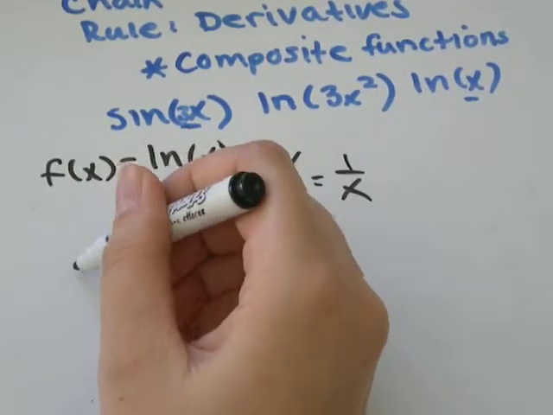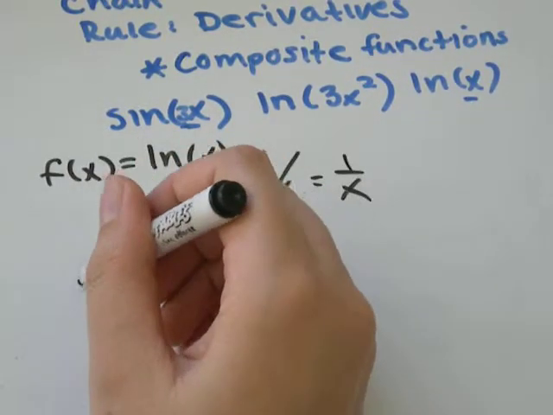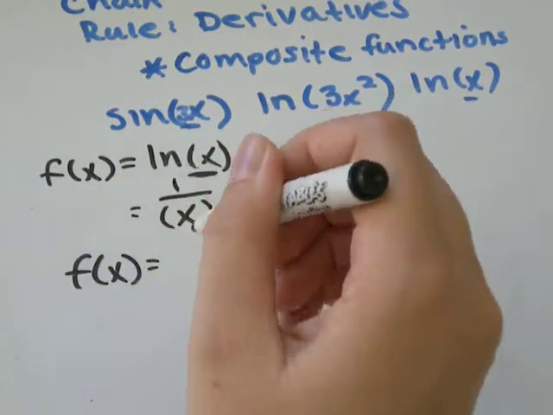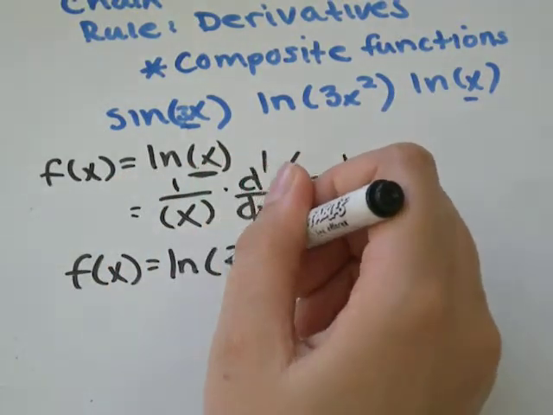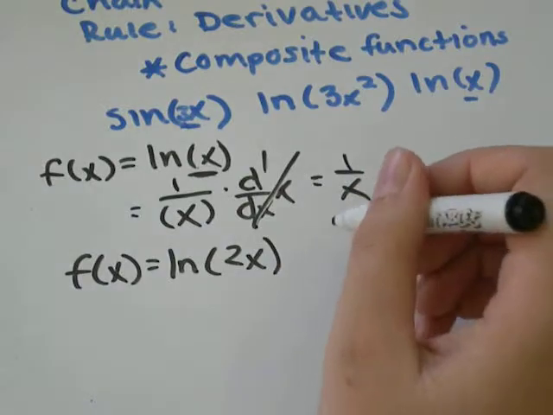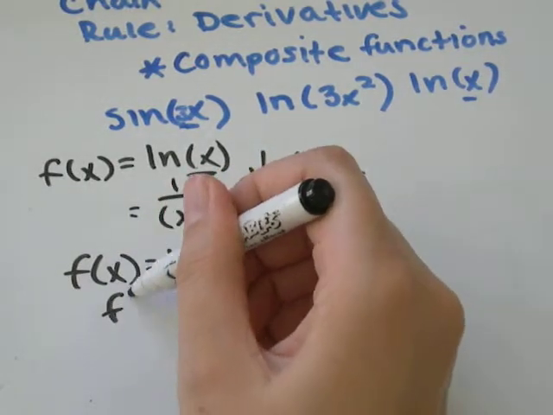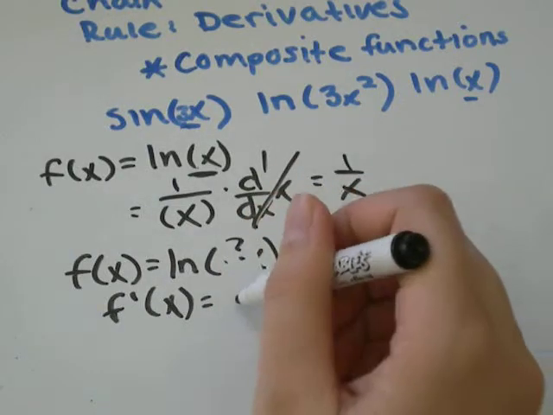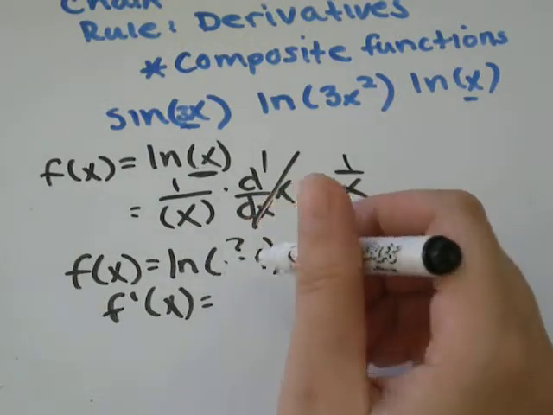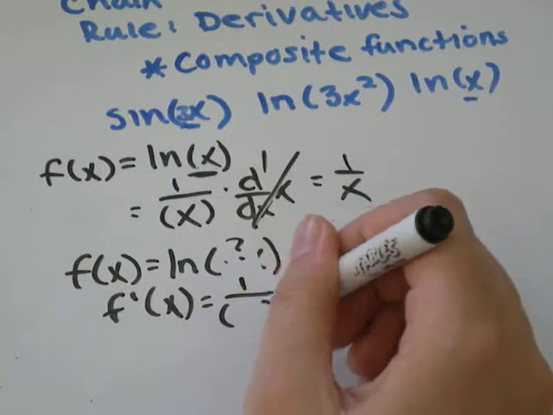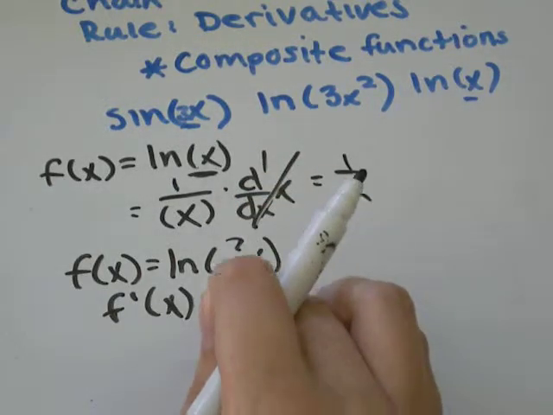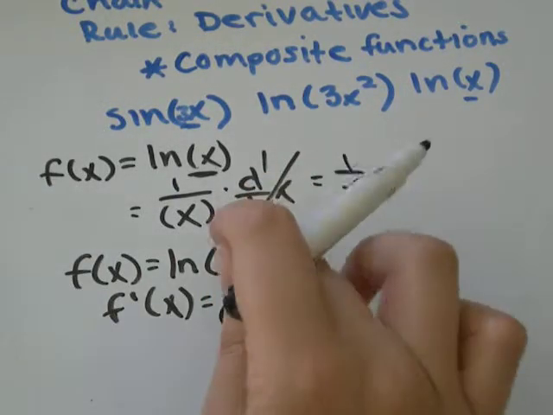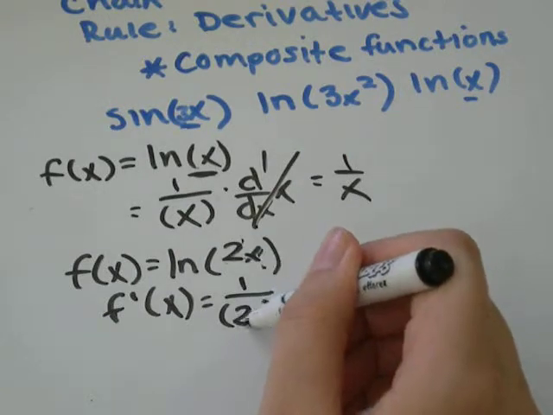If we had f of x equals log of 2x, f prime of x would be, we don't care what's in here, the log of anything is 1 over whatever that thing is. In this case, it was 2x.